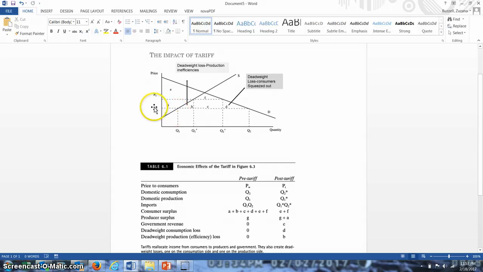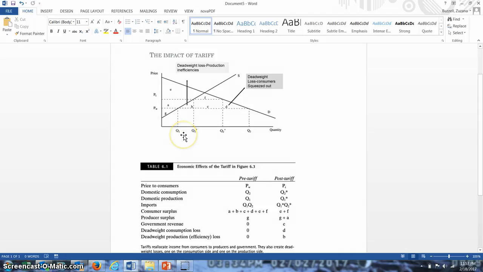So PW is the original pre-tariff price charged to the consumers. Then we have the post-tariff one, and we have the consumption of Q2 before the tariff, and now it shifts. Remember, the demand goes down once the price is up. The same goes with domestic production. Actually, the opposite goes to domestic production, sorry.